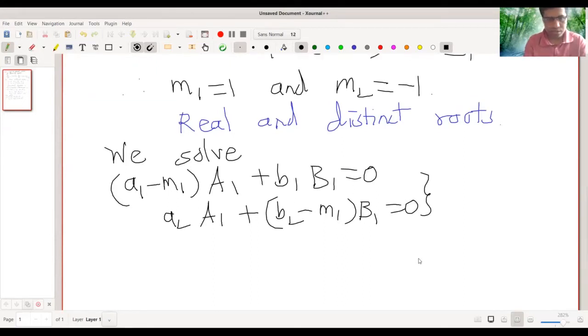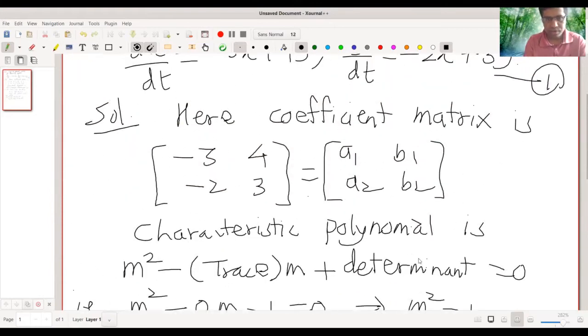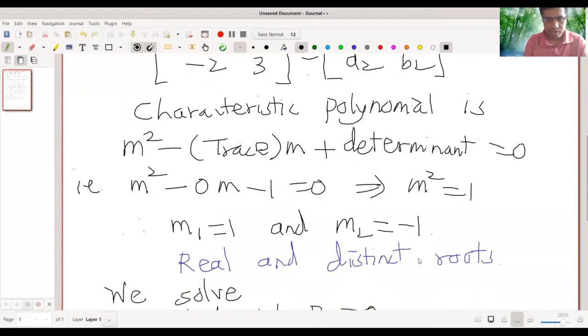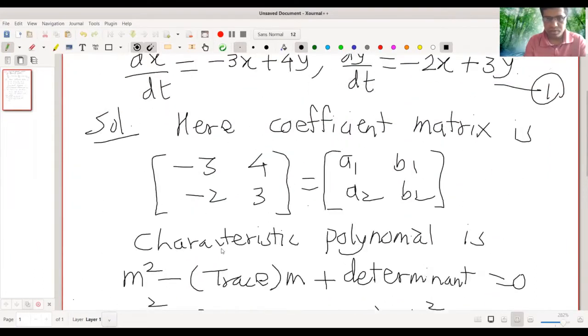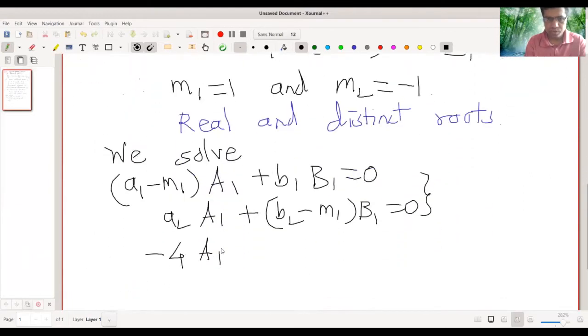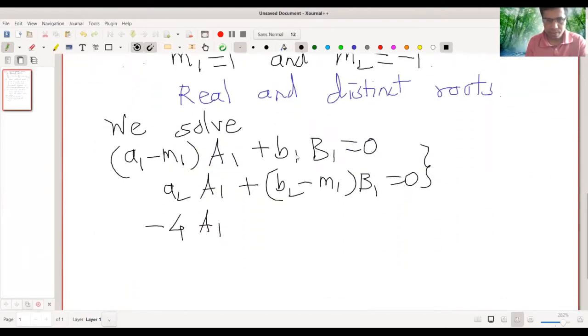So A1 minus M1 is minus 3 minus 1, that is minus 4, times A1, then B1 is 4 plus 4 B1 equal to 0.